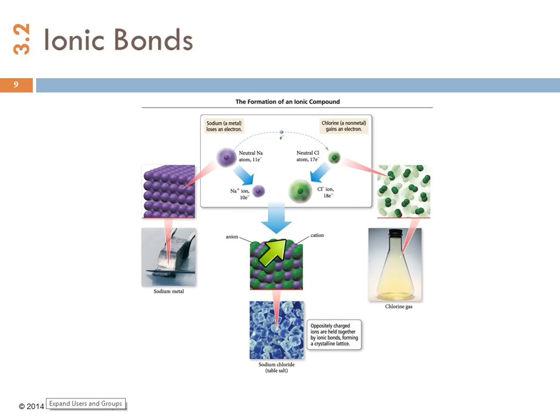And so we get this alternating pattern of positive, negative, throughout the salt crystal. And the result is the ionic compound sodium chloride, which we know as table salt, and we sprinkle on our food and eat regularly. In small doses, it's actually necessary for life. So the properties of table salt are very different from those of its individual elements.